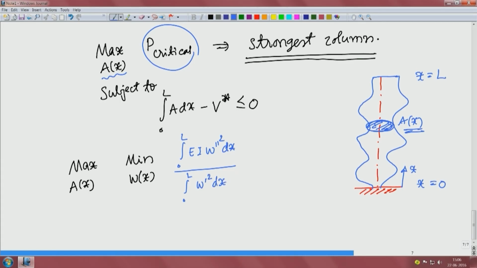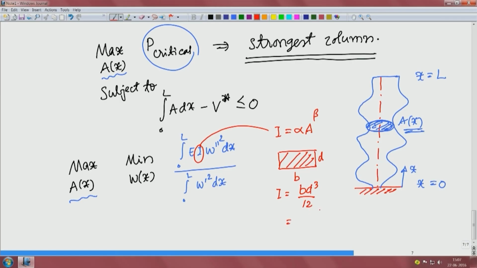Where is A here? We had already discussed, that is actually in I. We had noted that I can be written as alpha, some number, times A raised to beta. It depends on the cross section shape. If I have a rectangular cross section with breadth B and depth D, then I, as we know, is B d cube by 12.